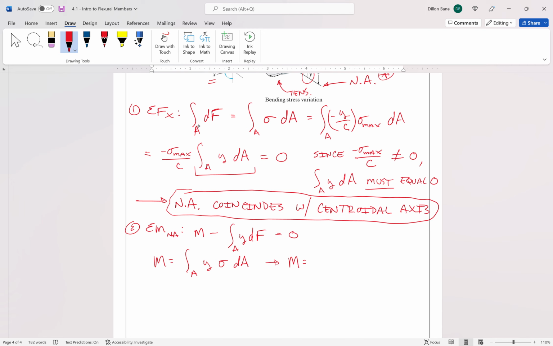Moment is equal to the integral over the area of y times sigma, sigma being negative y over c times sigma max, times dA.